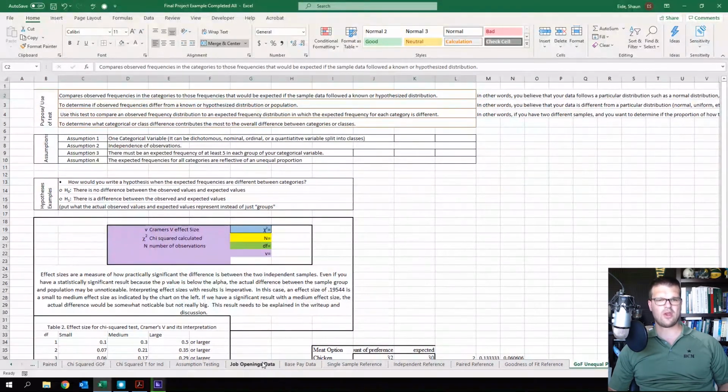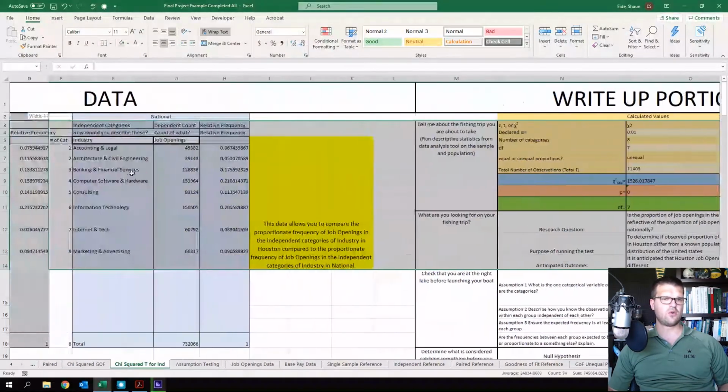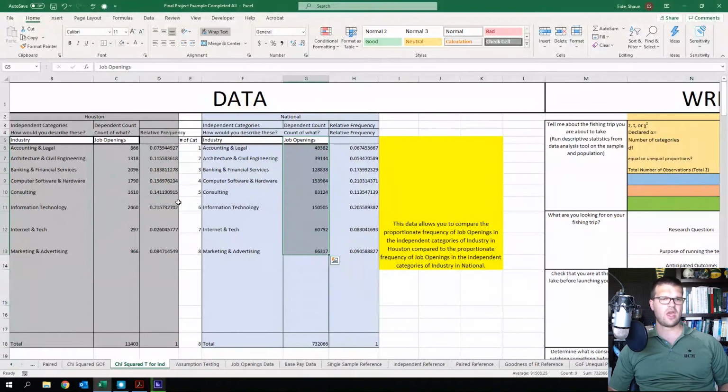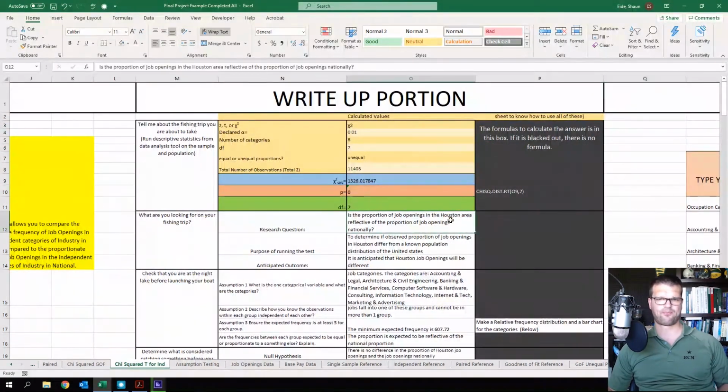We have a known national distribution, and we are comparing the sample to the known national. When we compare the two, we want to know, are the proportions the same? Is the proportion of job openings in the Houston area reflective of the proportion of job openings nationally by job type?